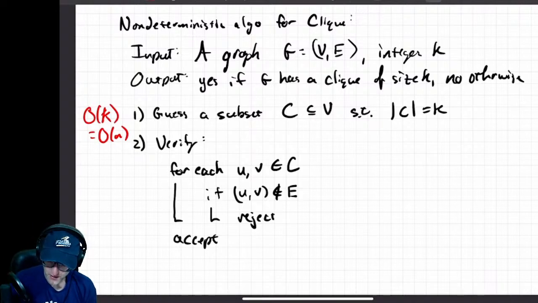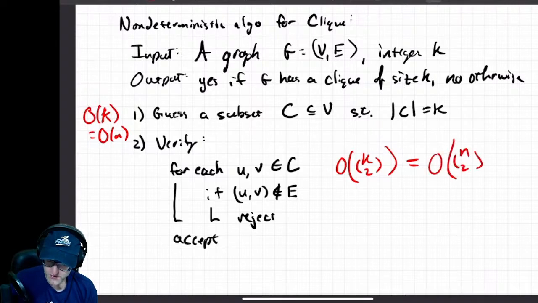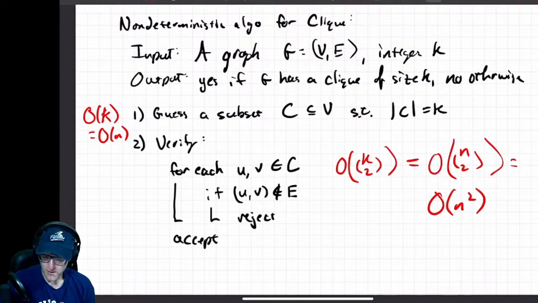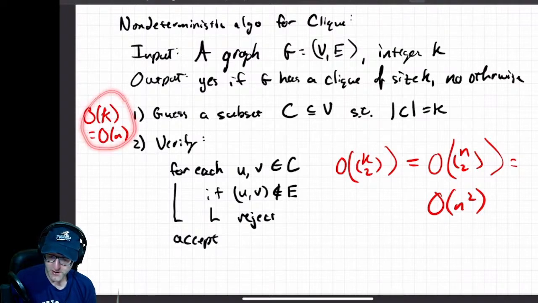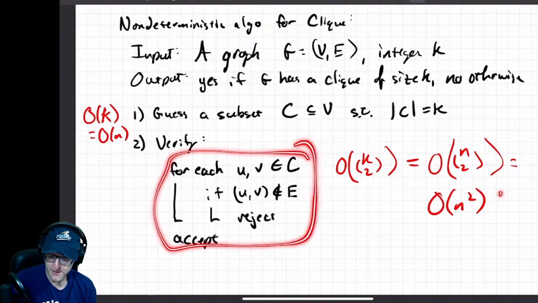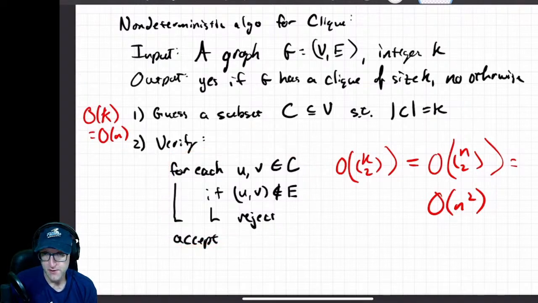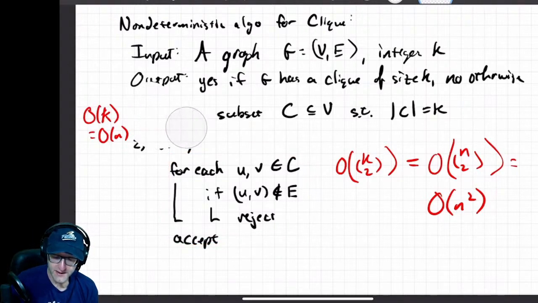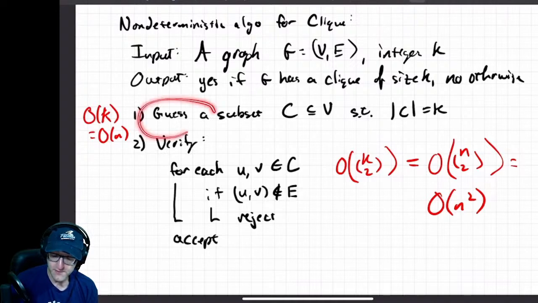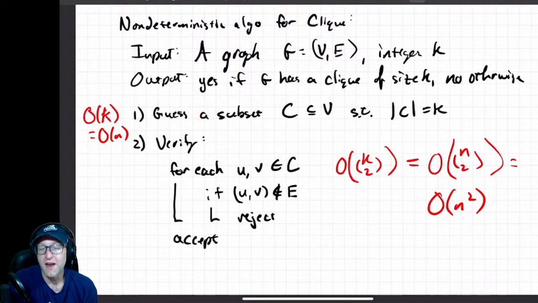This verification here is going to be order k choose 2, which again is bounded by order n choose 2, which is n squared. And that's the verification phase. So this operates in linear time, and this operates in quadratic time. So the entire thing operates in polynomial time. But this guessing phase right here is hiding the real work behind its non-determinism.